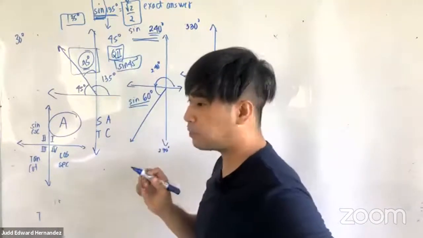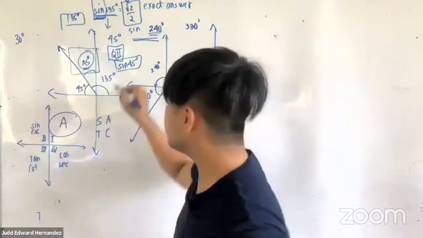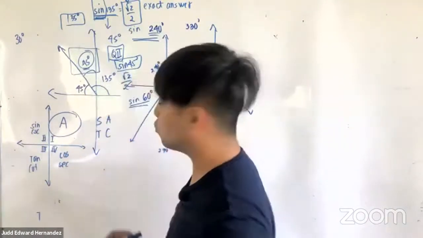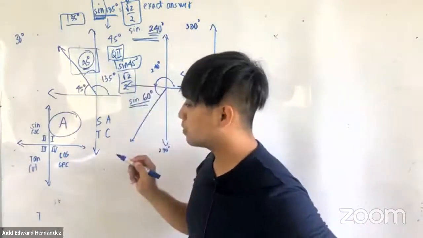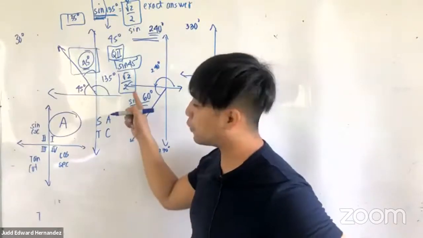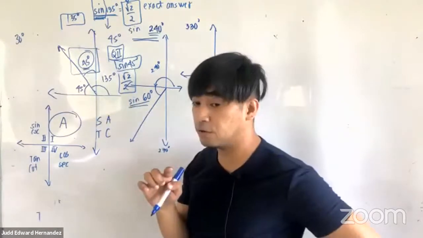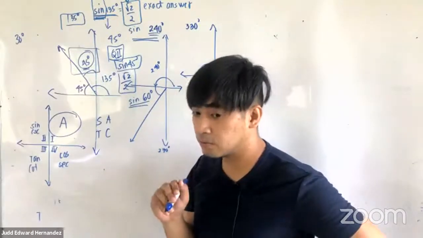Sa calculator nyo po, scientific calculator, what is sine 45 degrees? That should be square root of 2 over 2. Paki-check nga po kung tama. Is sine 45 degrees equal to square root of 2 over 2?